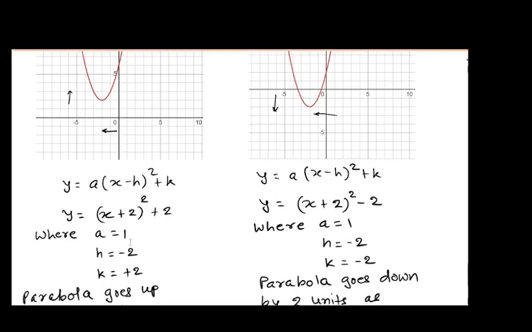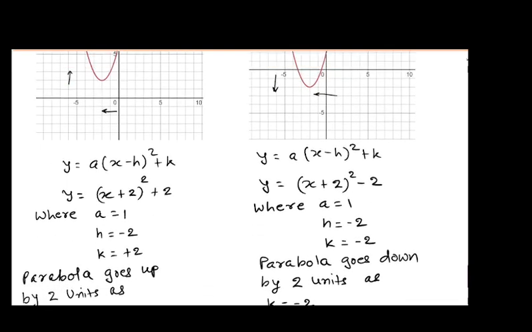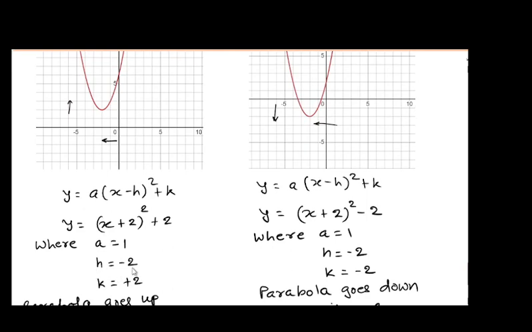A value is 1, h value is minus 2, k value is plus 2. So because of this, parabola goes up by 2 units because k value is positive. So because of h is equal to minus 2, it will move 2 units to the left, and because k value is positive 2, it will move from here 2 units up, so it will come over here.